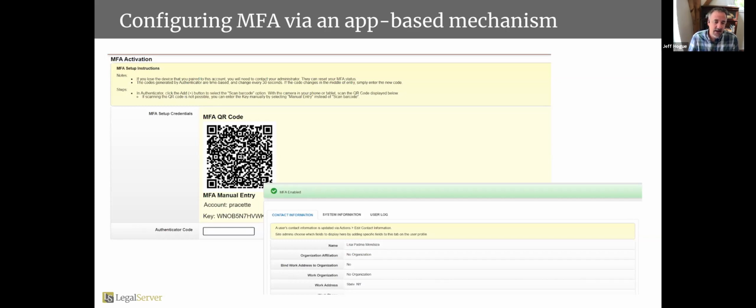They crack that. They guess that Lisa probably is using the same password in many places. Turns out they're right. And then they log into other things, including LegalServer, and they didn't have to do that one other thing to prove that they're Lisa. And that's where we're going. Multi-factor authentication is available right this moment.